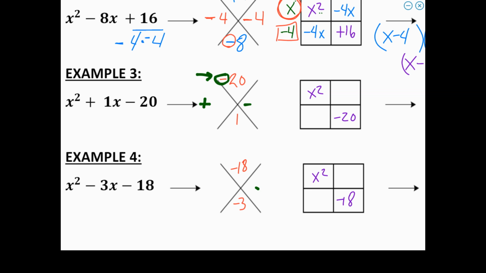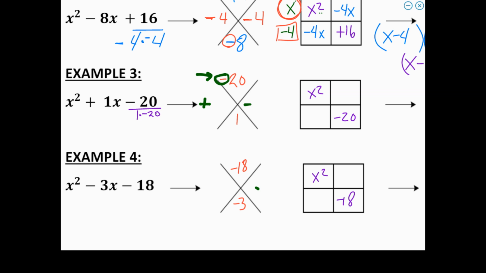Okay. So what factors would multiply together to give you negative 20, but add together to give you 1? So we can make a list. We've got 1 and 20, but that's going to be positive. So 1 times negative 20 is going to give me what?